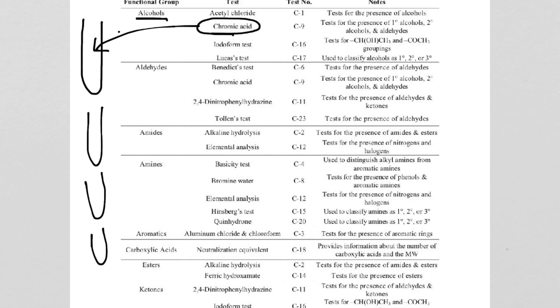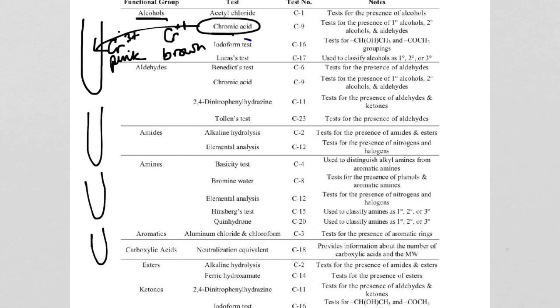And if the chromic acid turned from pink to brown, that would indicate that there was an alcohol, because the alcohol would react with the chromium 3+ cation, which is pink, and it would turn to the chromium, I think it's a chromium 1 cation that is brown and rusty looking. And so if you saw that color change, you would know that you had an alcohol.